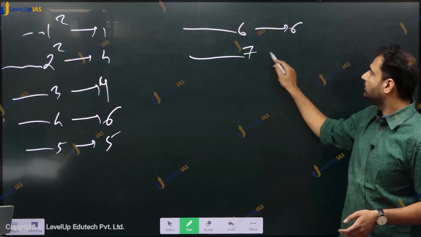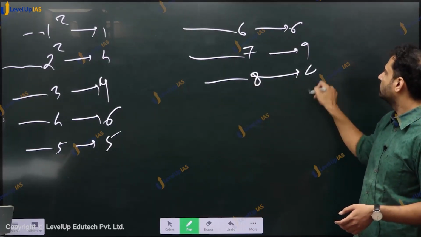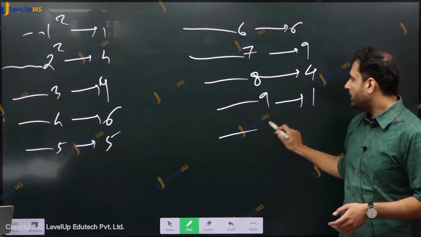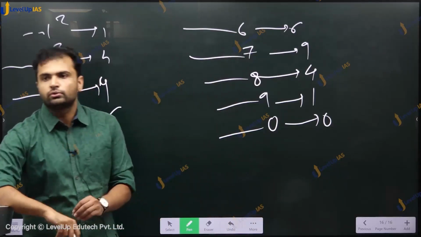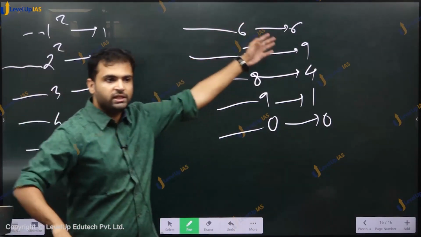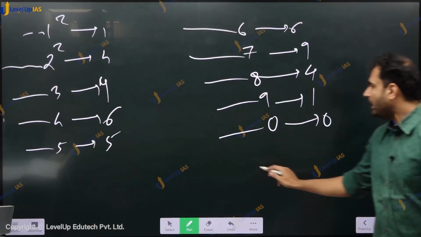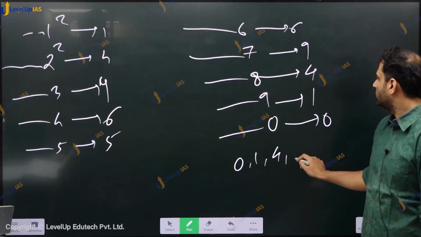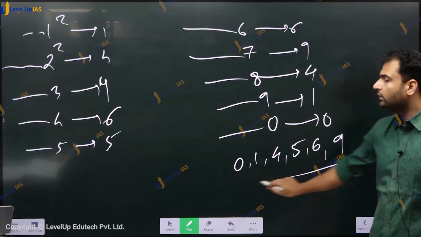Ending with 7, ending with 8, ending with 9, ending with 0. For any given number, these are the possible units place digits. So any square number will always have 0, 1, 4, 5, 6 and 9 in the units place.